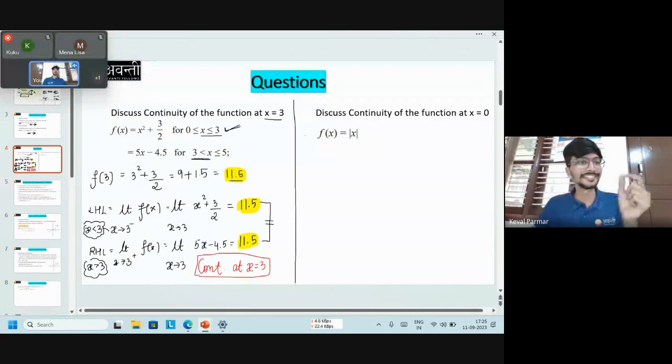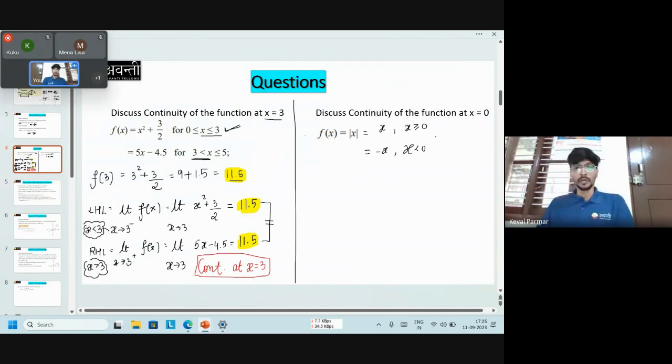f of x equals mod x, our favorite function, modulus of x. So, what is modulus of x? Modulus of x has two definitions. It is x when x is greater than or equal to 0, and it is minus x when x is less than 0.